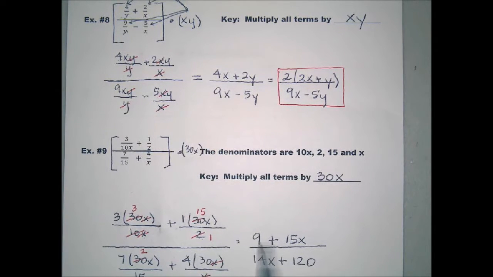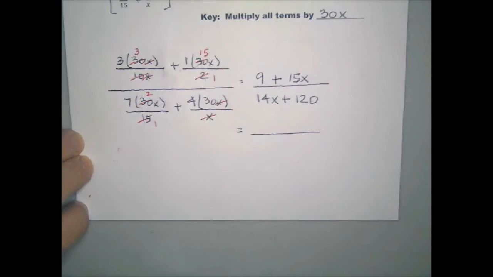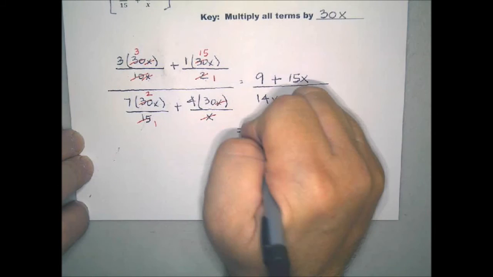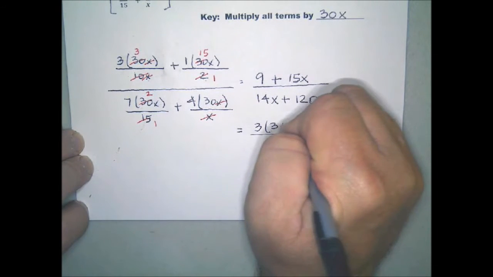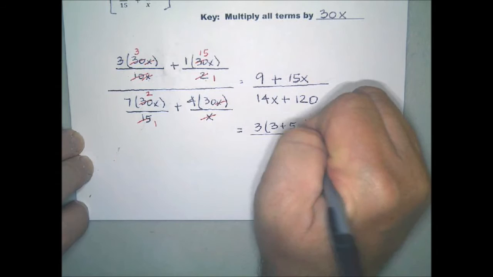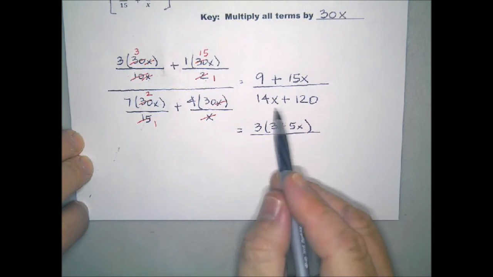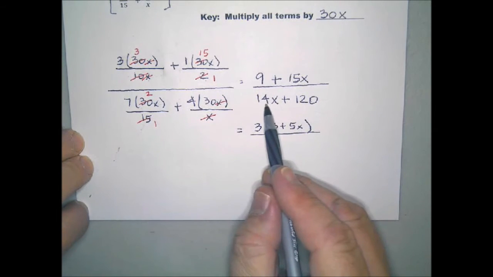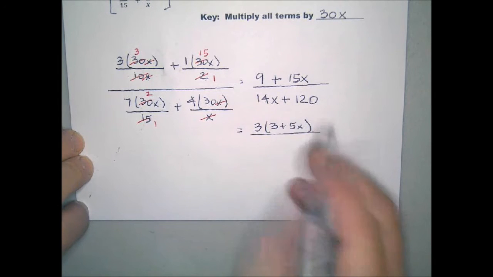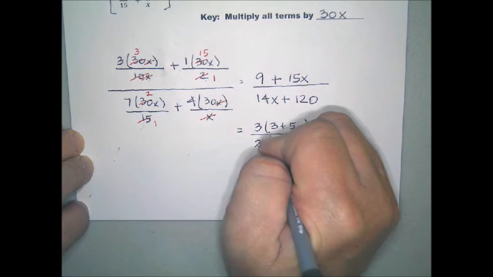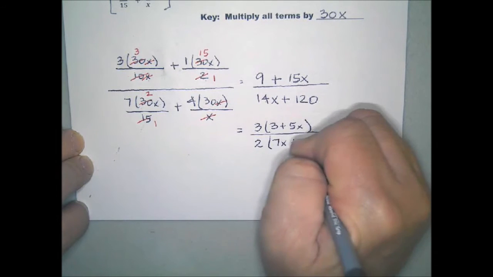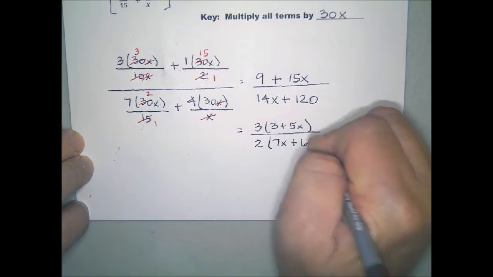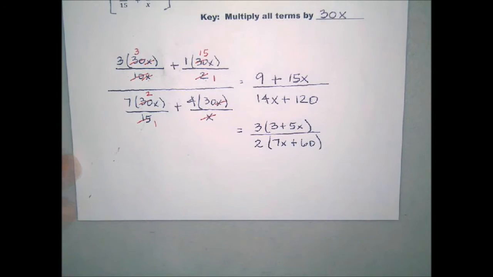Now let's try to clean up some things. 9 plus 15x, I can factor out a GCF of 3, and I'd be left with 3 plus 5x. Down here, I know they both have a 2 in common, so I'm going to factor out a 2, and you're going to be left with 7x plus 60.